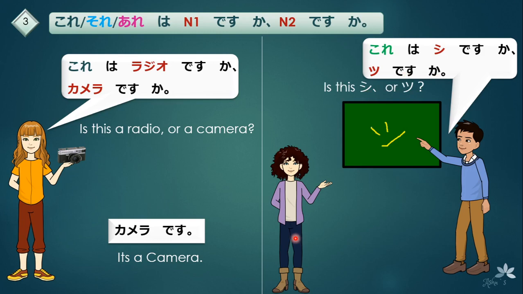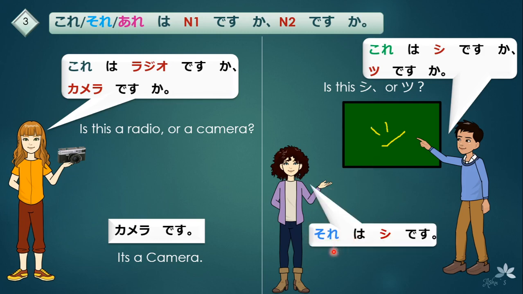The girl here is away from the speaker and she refers to that as sore and replies, Sore wa shi desu. That is shi. The alphabet shi in katakana. Okay, you can find more examples in the second example of Renshu A from lesson 2.